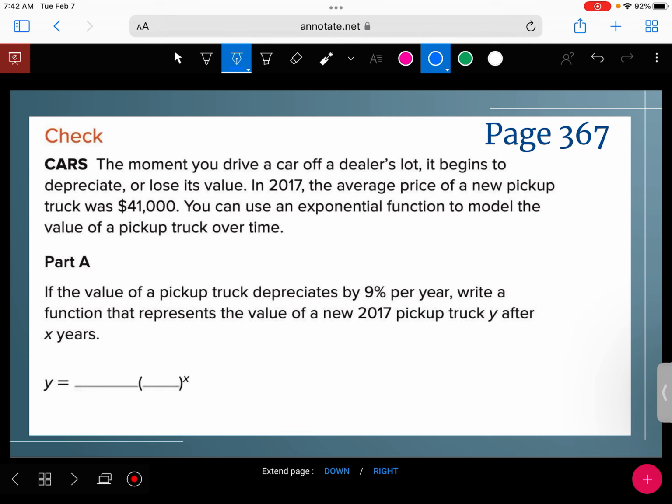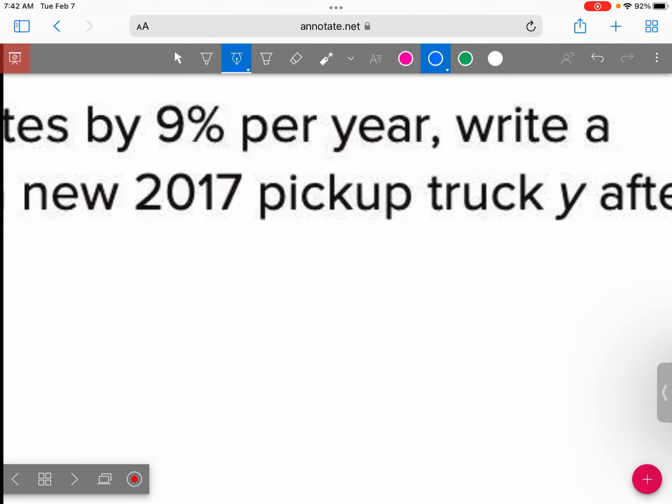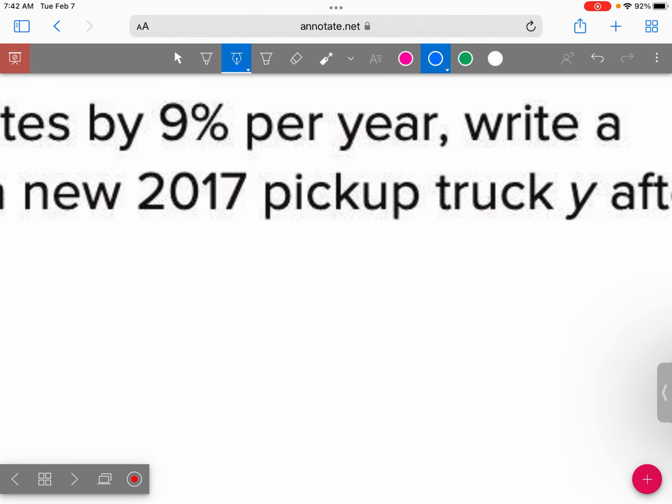So, can you guys tell me what our original standard form equation is? A equals, just with all the variables in it. Don't plug anything in yet.